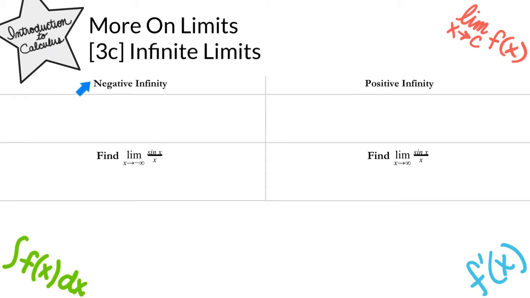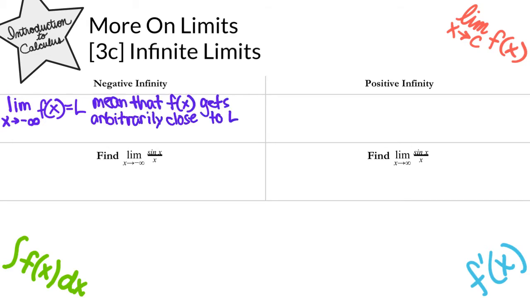For negative infinity, we have the limit as x approaches negative infinity of f of x equals L. What that means is f of x gets arbitrarily close to L as x approaches negative infinity. Remember how that word arbitrarily showed up in our limit definition.